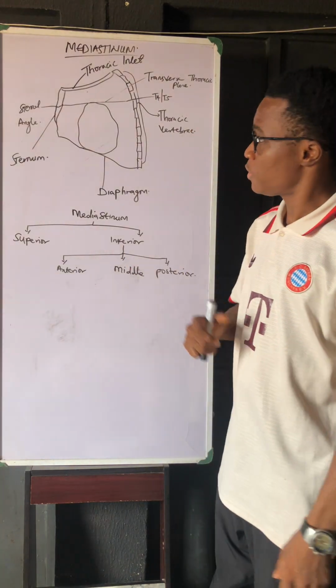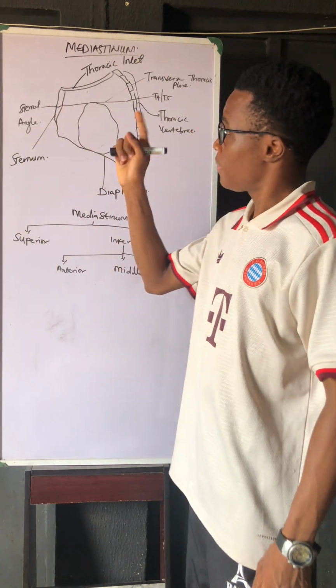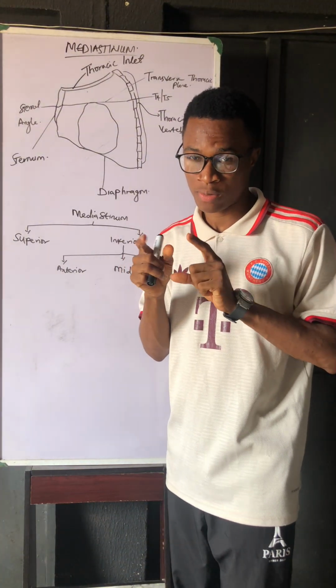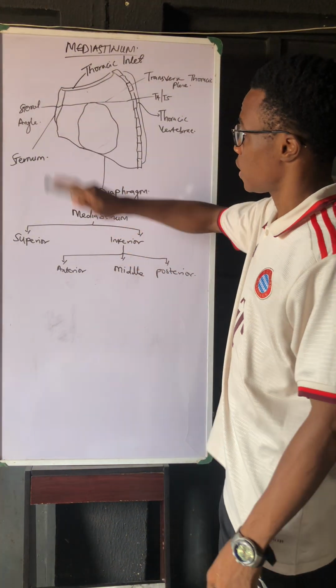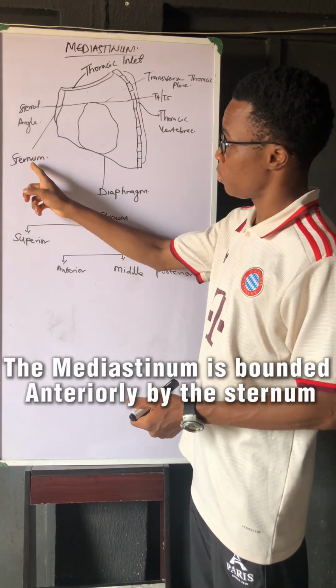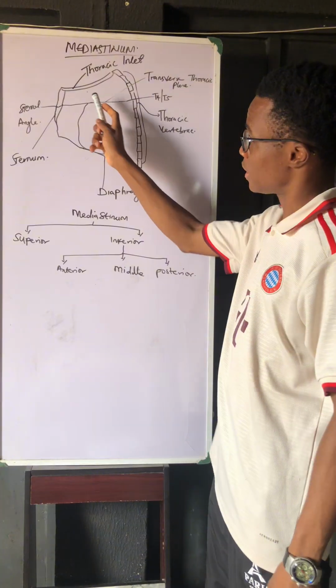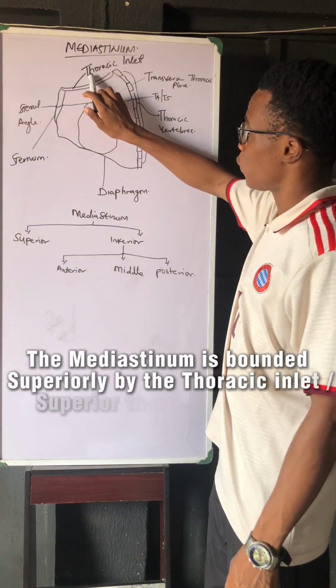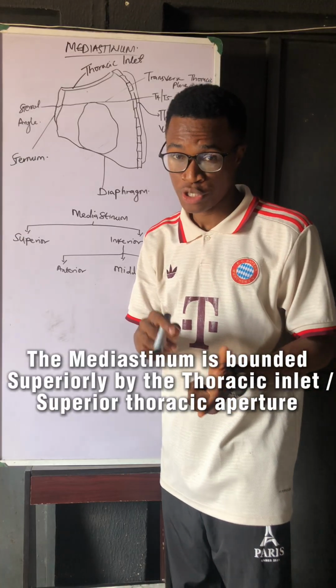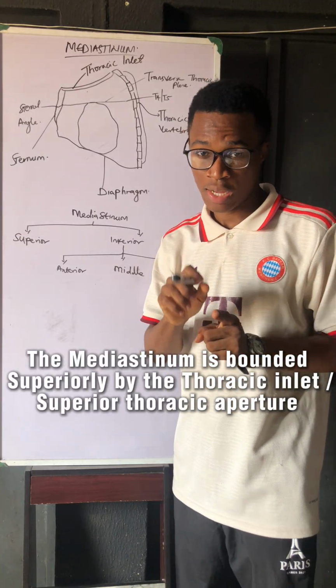So let's get going. This mediastinum has what we refer to as boundaries. As you can see, it is bounded in front by the sternum. It is bounded above by what we refer to as the thoracic inlet, otherwise referred to as the superior thoracic aperture.